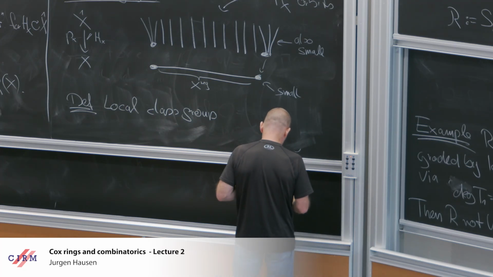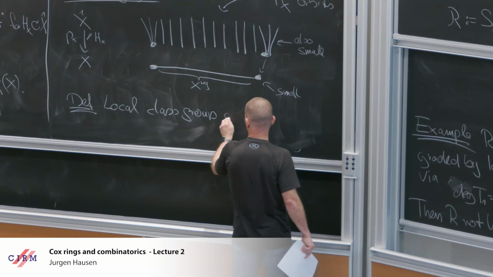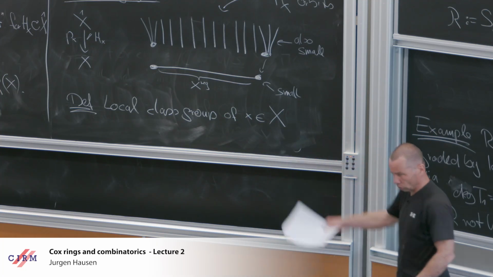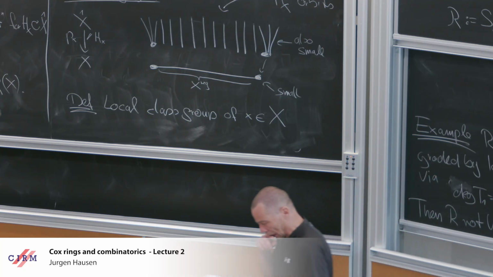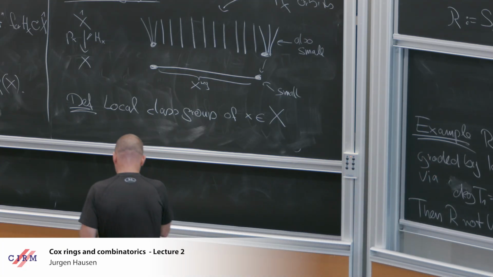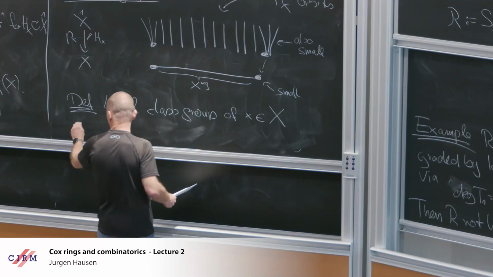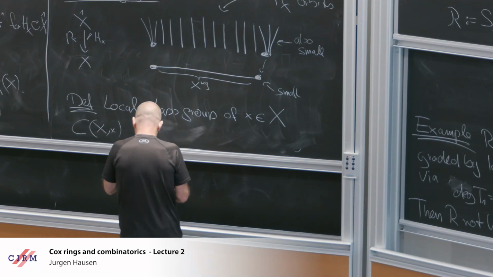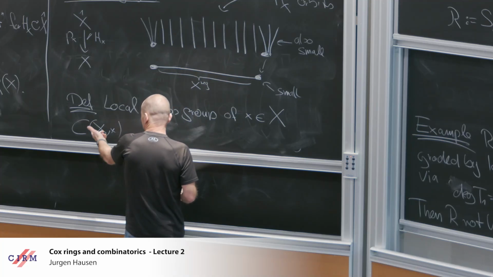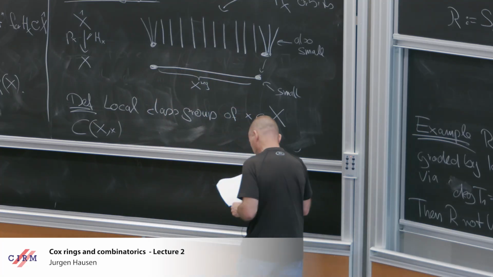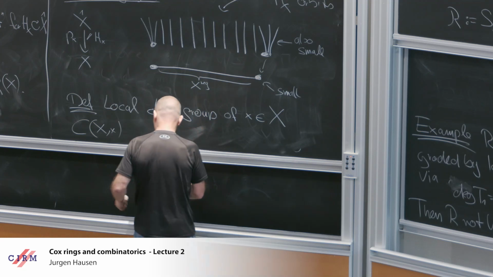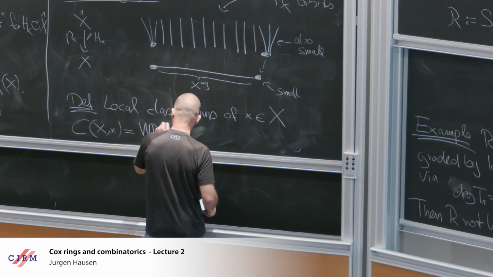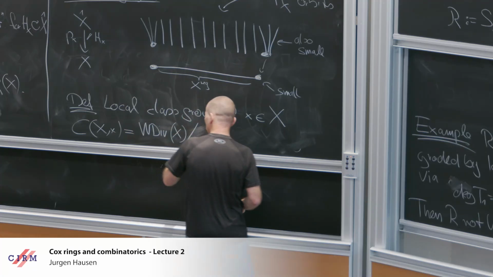What is a local class group of a point in a variety, which then will be our variety? I denote it by the point X, and what I do is I don't take the divisor class group, but I mod out more.